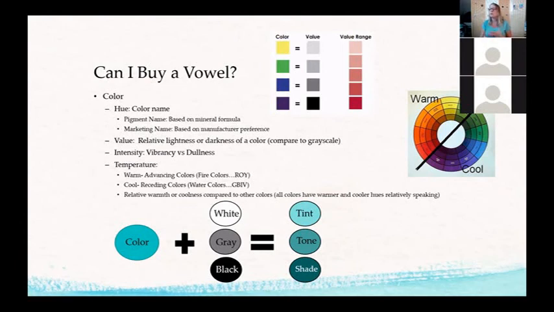And then cool, which appears to be receding. And I think of deep ocean, deep water going down deep. And those are the GBIV, or the green, blue, indigo, violet. So on the color wheel, we see these are more the warmer shades and these are the cooler shades. But even within each of those shades, there's warmer and cooler values, as I mentioned before.